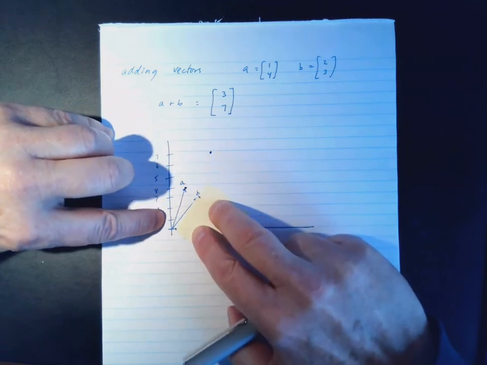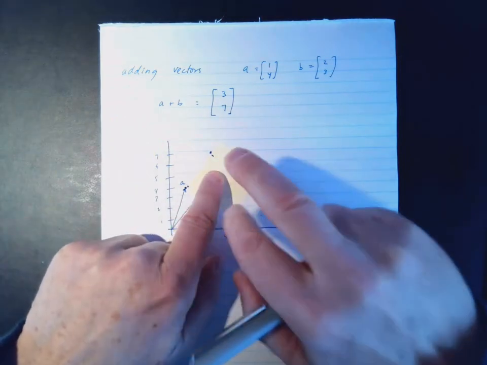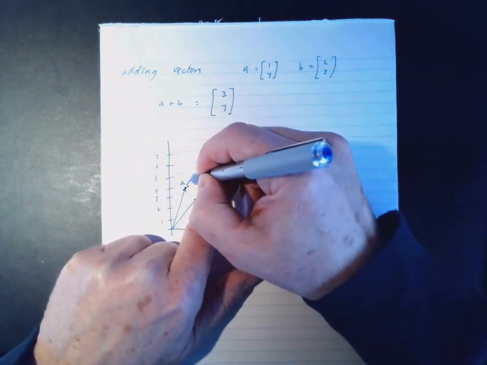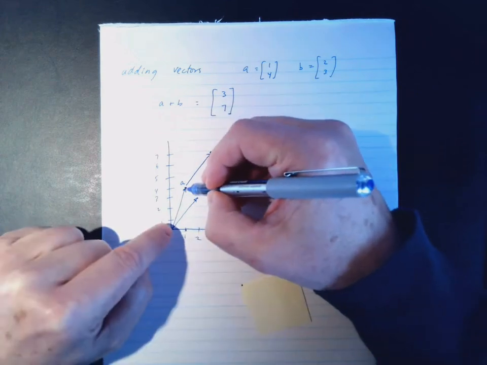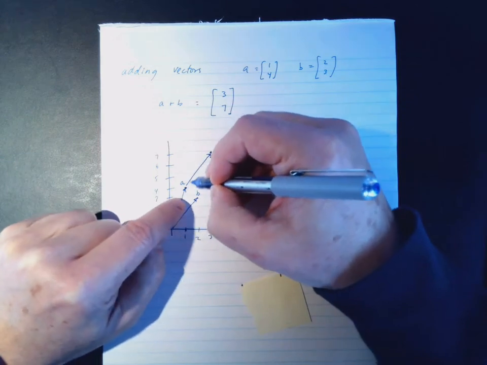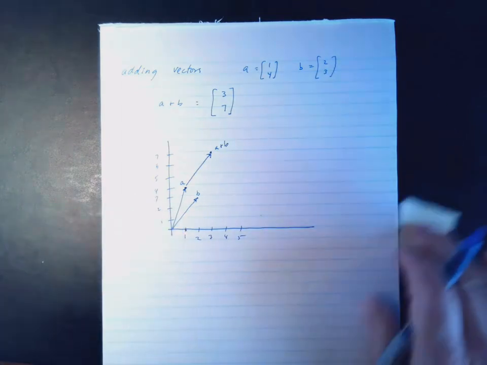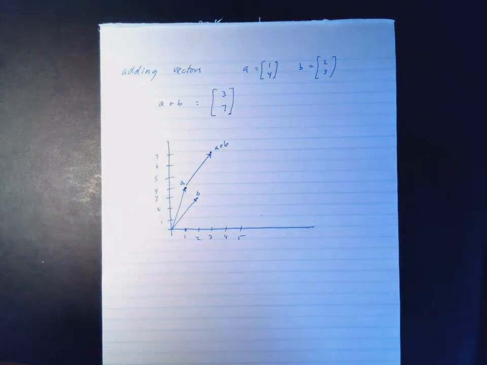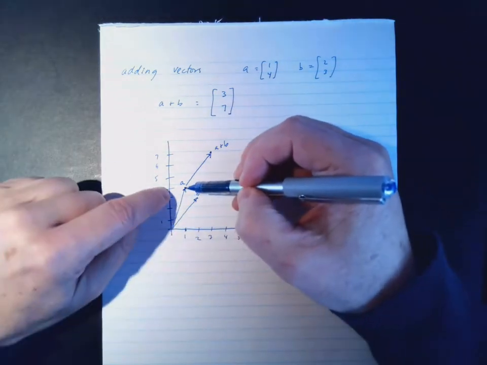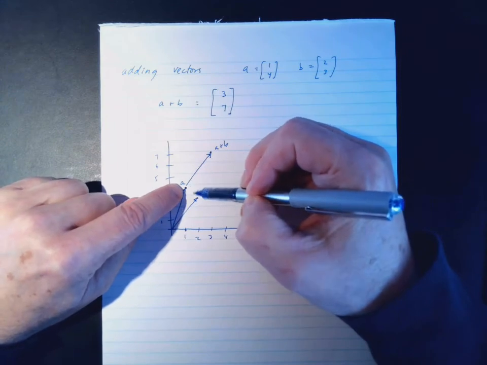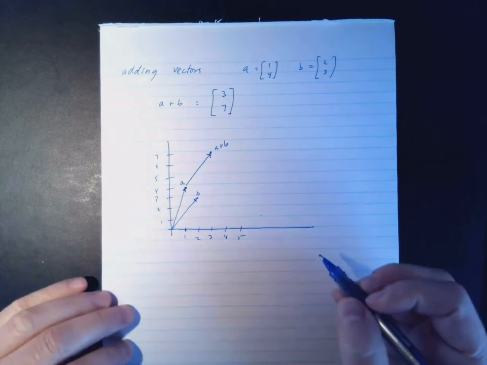So you see we end up with A plus B is A with B tacked onto its end. So when you add vectors, and you can add them in either order, you get the same outcome. But it's like taking the vector A, and then at the end point of A, you start the vector B. And that's how you end up with the sum of them.